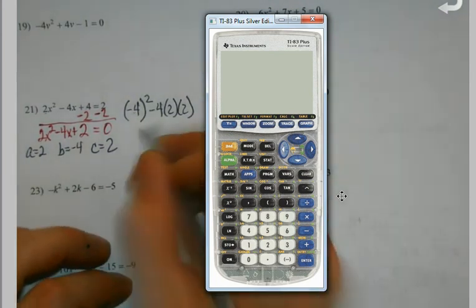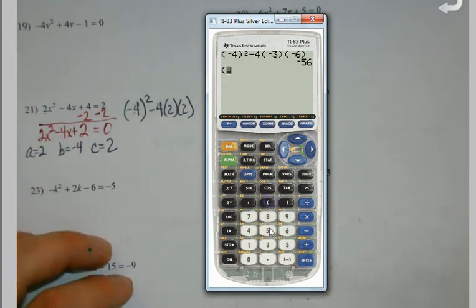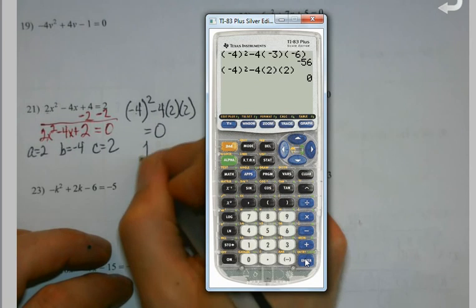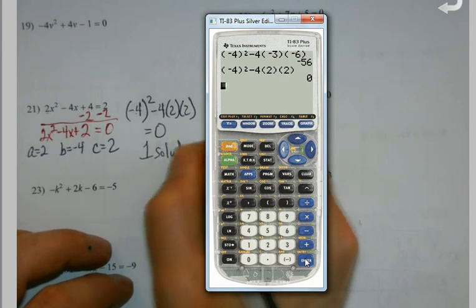Negative 4 squared. Let's get this typed in. Yep. Negative 4 squared. And again, if you can do this in your head, that's okay too. Equals 0, which means there's going to be one solution.